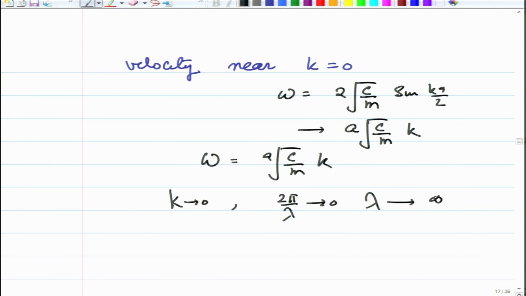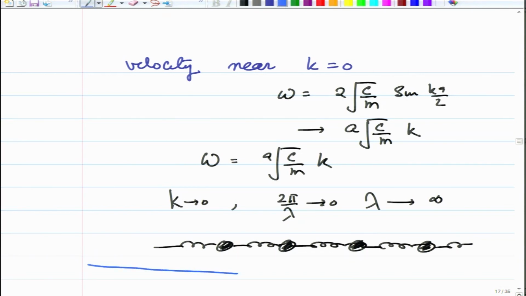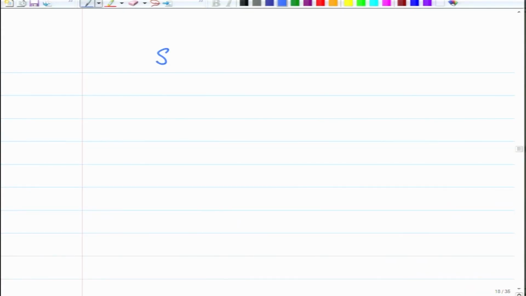What we are talking about is waves with very large wavelength. Pictorially, when I have this lattice, the wavelength we are talking about is really huge, much larger than a. That is what the k equals 0 limit means. And when lambda is much larger than a, it sees this whole medium almost as a continuous medium. Now, let us take some numbers. Let us worry about sound.